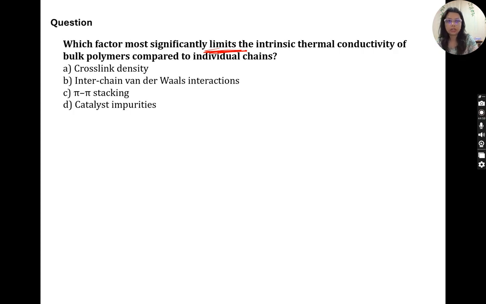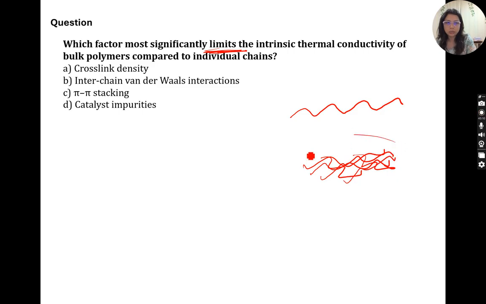If we talk about the individual chain, it is the individual chain of a polymer. And if we talk about the bulk polymer, there are many chains aligned in any direction. So what is the phenomenon which can limit the thermal conductivity of a bulk polymer?